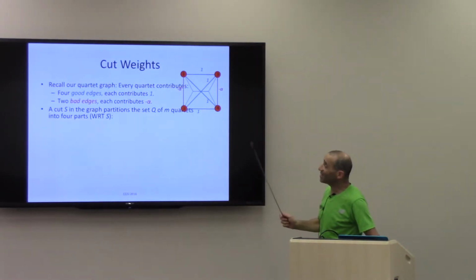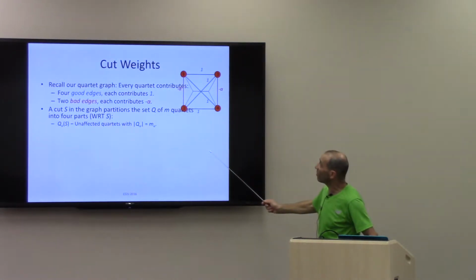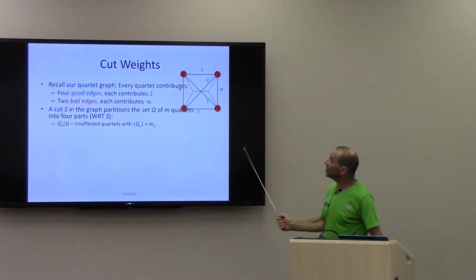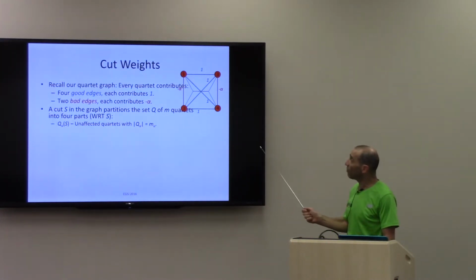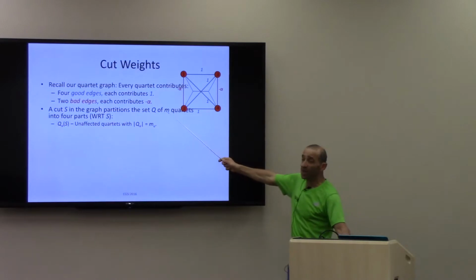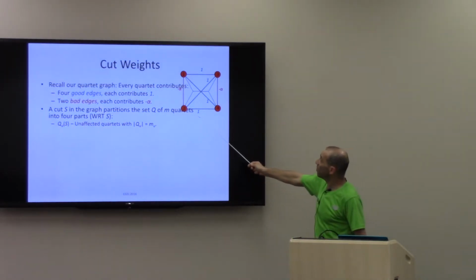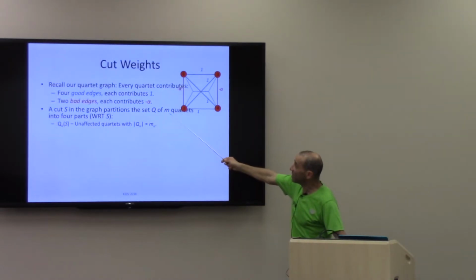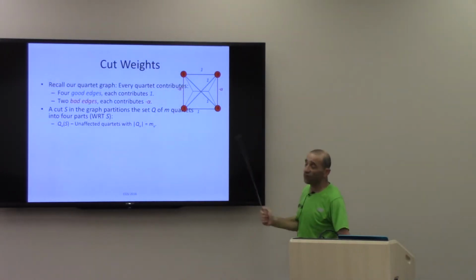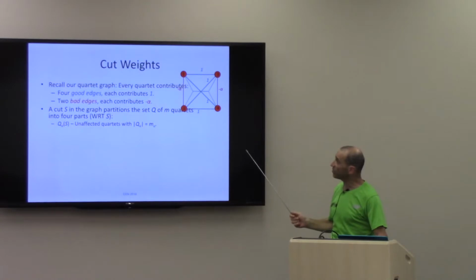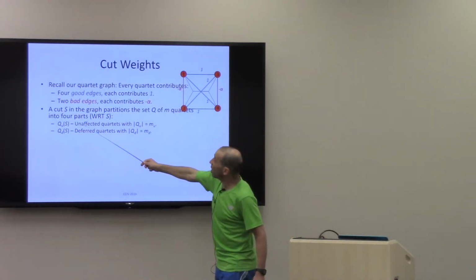Now a cut S in that graph partitions the set Q of m quartets into 4 parts with respect to S.